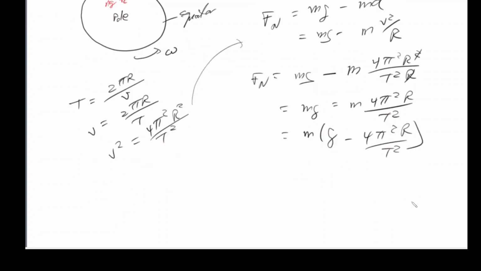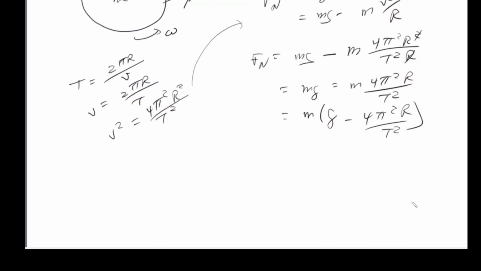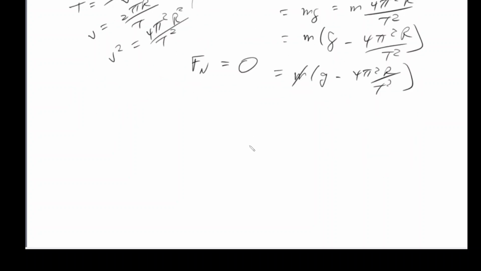Now, to be weightless at the equator means that the normal force has to equal 0, which is m times g minus 4 pi squared r over t squared. Divide by m, that cancels out, and we end up with g is equal to 4 pi squared r over t squared.